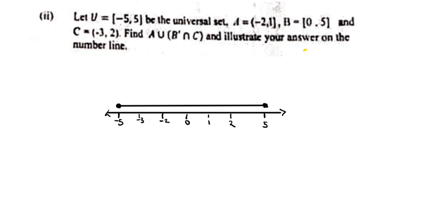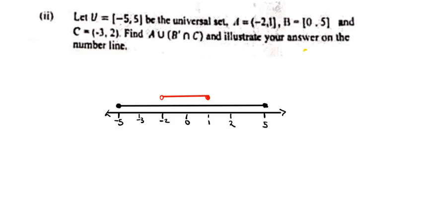As usual we bring these sets now individually. For A we have -2 and 1, like that. So 1 is closed, right? Then -2 is open.